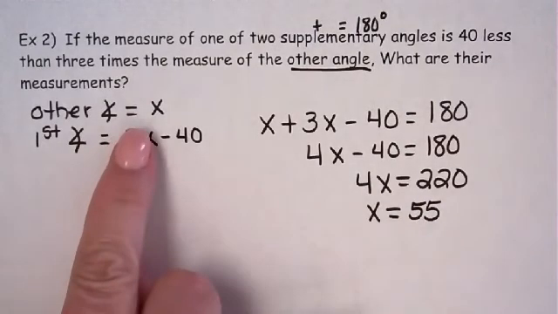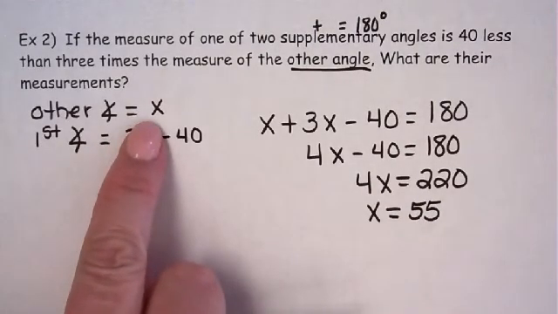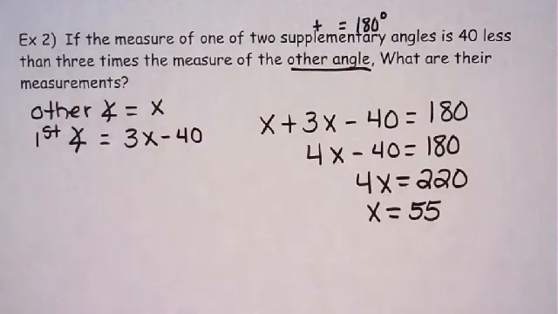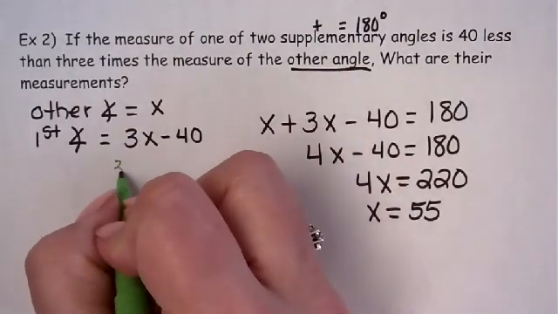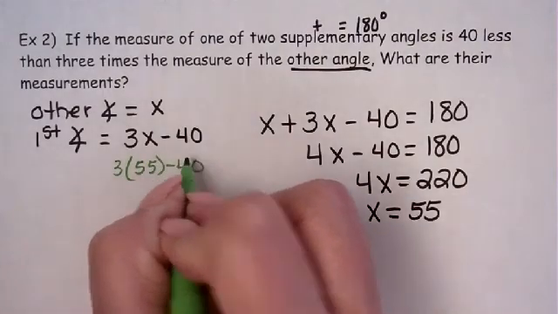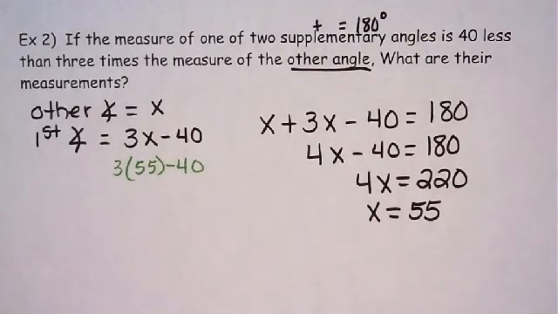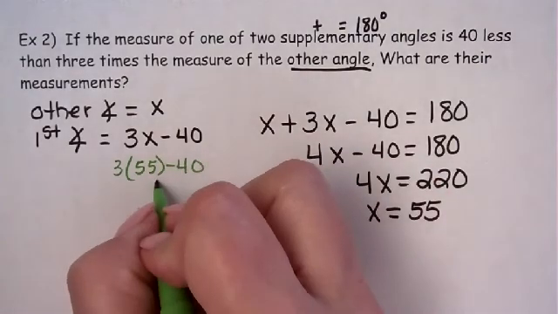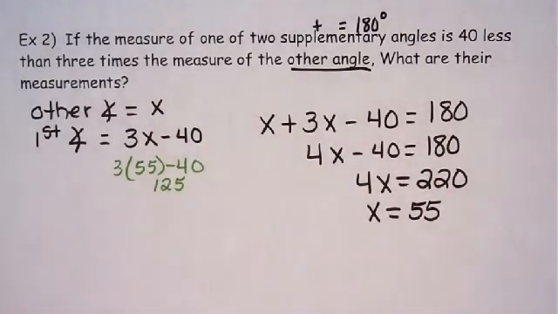Now that means my other angle is 55. How do I get this one? To get this angle, you're going to do 3 times 55 minus 40, and when you do that, you're going to come up with 125.